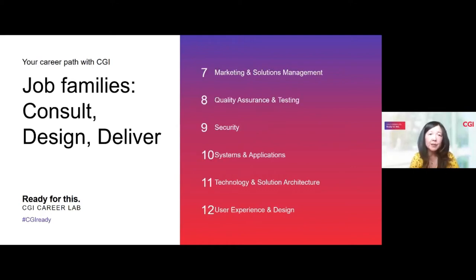It continues with marketing and solutions management, quality assurance and testing, security, systems and application, technology and solutions architecture, and user experience and design. It's a very broad category that we tuck these 12 job families underneath.